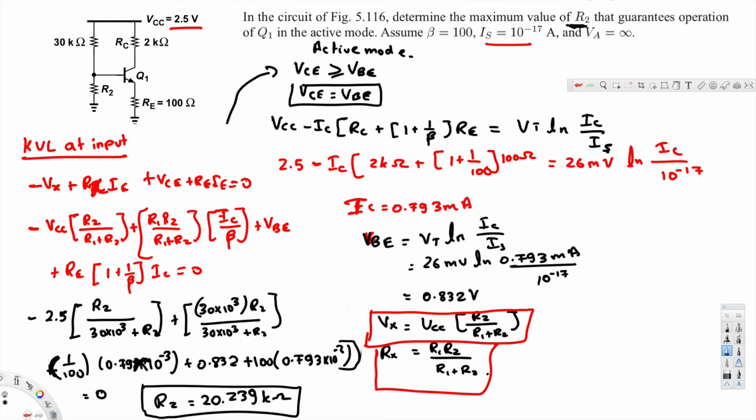So we equate both sides, and then we applied KVL at input, and we found out the Thevenin equivalent voltage and resistance, and wrote everything in terms of R1, R2 and VCC. Then we solved for R2 and found the R2 value that will guarantee the active mode. And that's how we do this kind of problem.